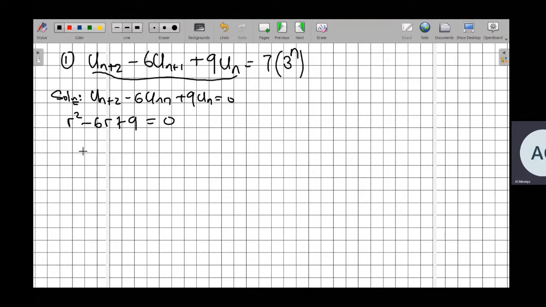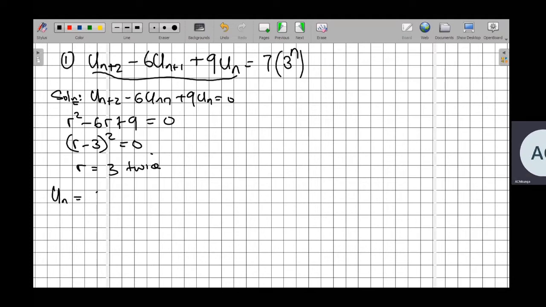Solving this gives us what? Looks like it's a perfect square. (R minus 3) squared is equal to 0. So R is 3. So it is a repeated root, isn't it? Twice. So if it is repeated, we already discussed why we follow that order. We are going to follow which order?